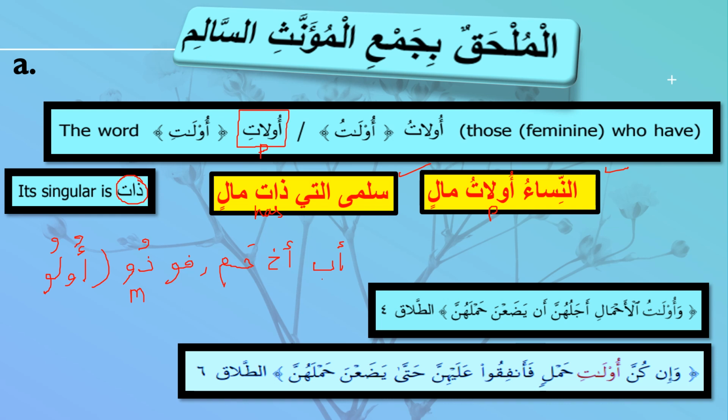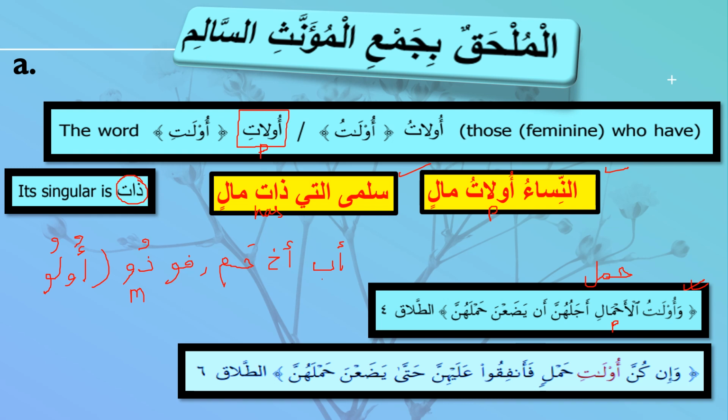So now let's check the examples from the Quran, and both ayahs are from Surah Talaq. The first one, wa ulatul ahmali, and ahmal is also the plural of hamal. Hamal means the woman who is pregnant, and in Arabic you say hamila.